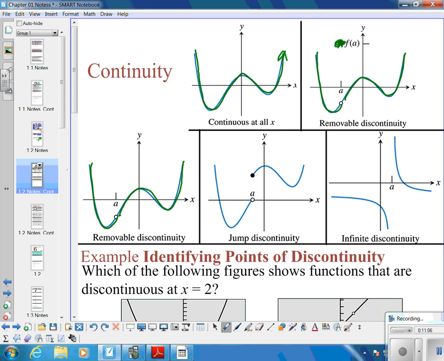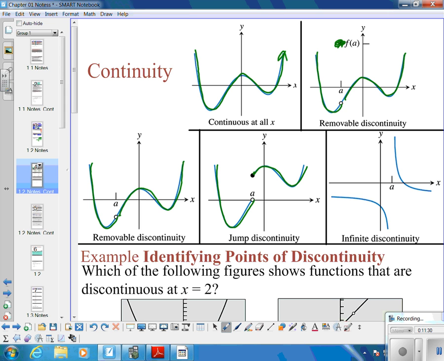So sometimes that point is removed and placed somewhere below or above where it should have been. Sometimes it's just removed. Jump discontinuity, the bottom middle graph here, shows how you follow your graph along and all of a sudden it jumps vertically, either up or down, and then continues up.